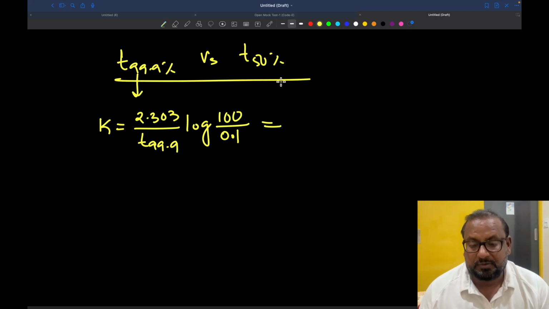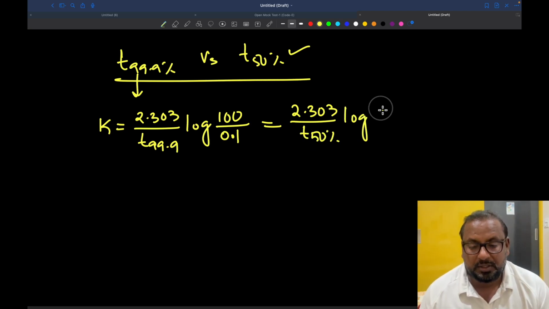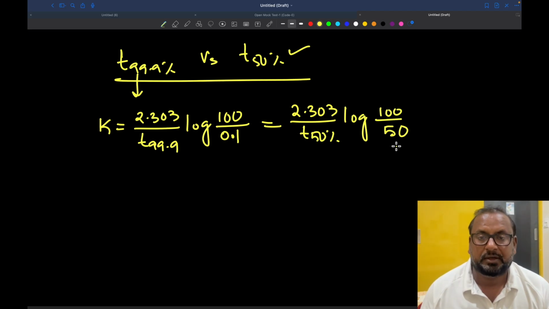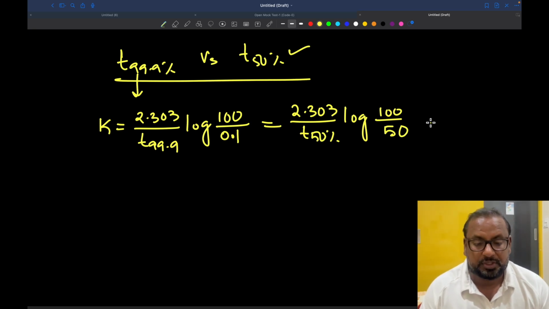The same equals 2.303 by T 50% into log 100 over 50. This is also equal to k. In both cases k is equal, so I equated both equations together.